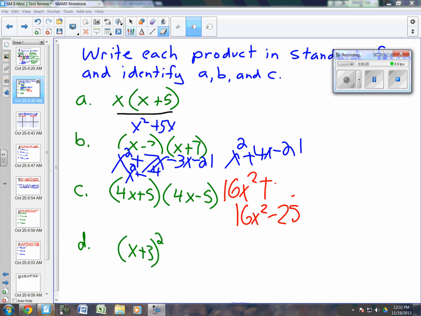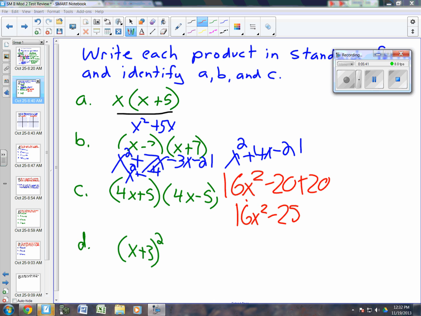You should have negative 20x plus 20x, and 16x squared, because 4x times 4x is 16x squared. 4x times negative 5 is negative 20x, right? And a plus 20x. Don't forget your x's by your 20s. Okay, and then the negative 20x and the positive 20x add up to 0.